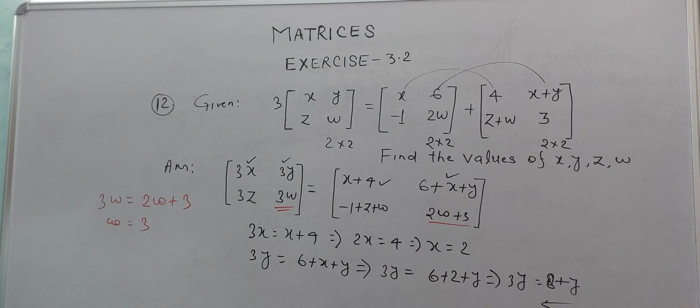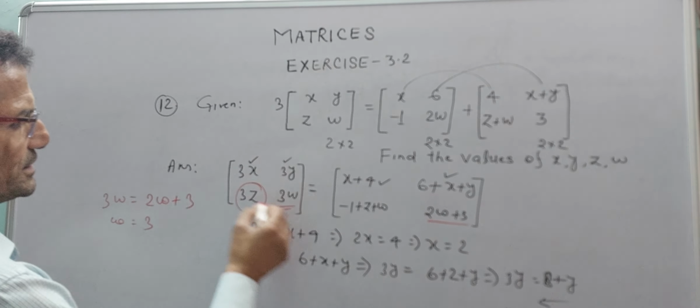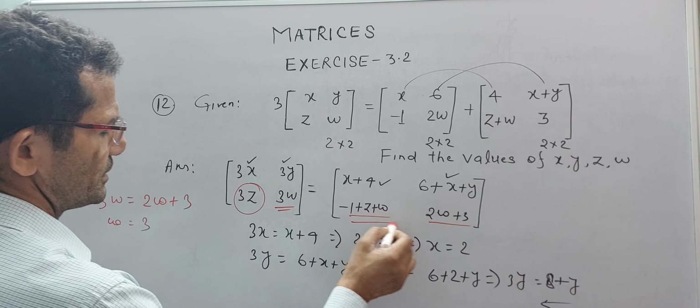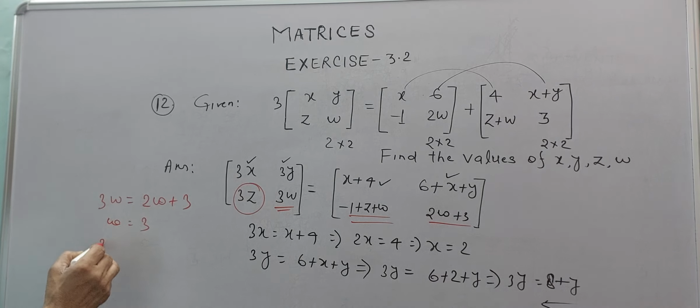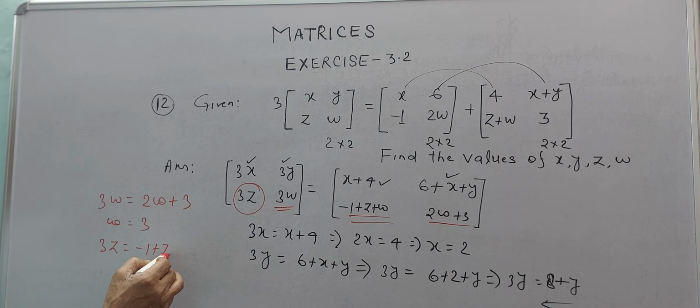Equating, 3z is equal to minus 1 plus z plus w. Now 3z minus z is 2z, equal to minus 1 plus w. W has the value 3, so minus 1 plus 3 comes out 2. Now 2z is equal to 2, so finally z is equal to 2.